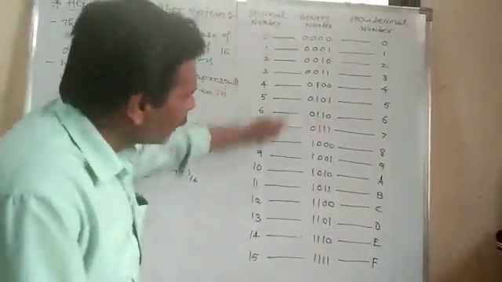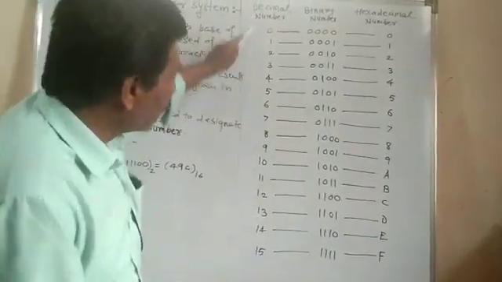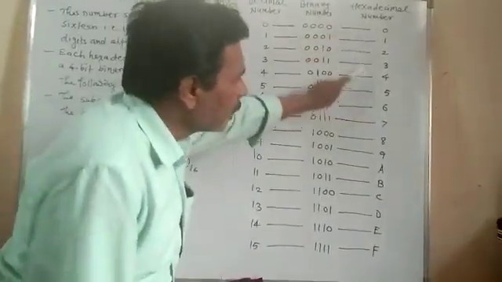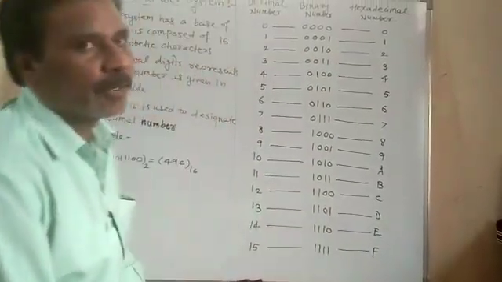So these are the binary numbers, these are the decimal numbers, and these are respective hexadecimal numbers.